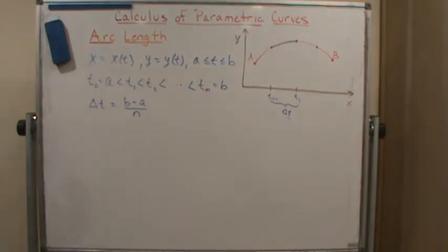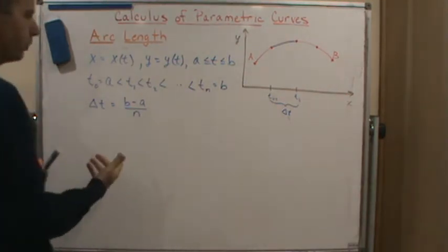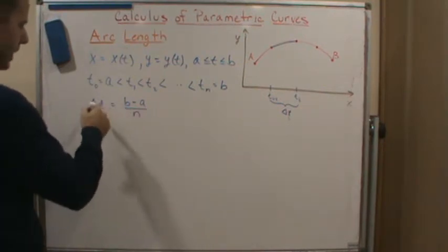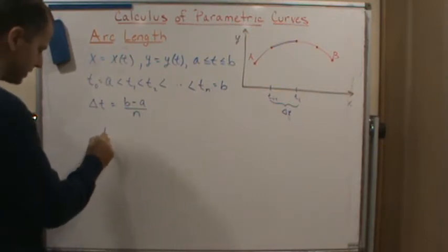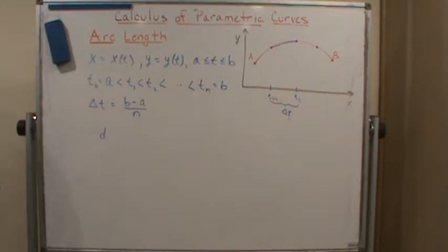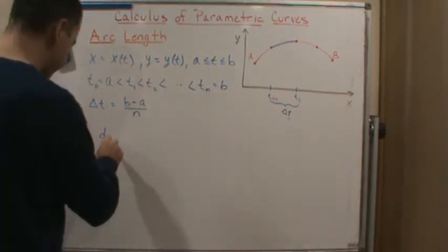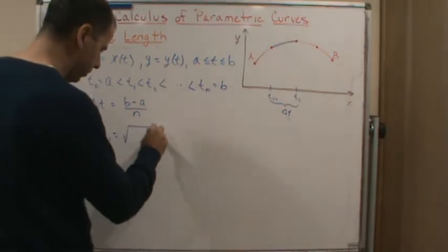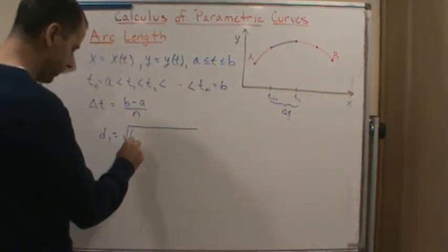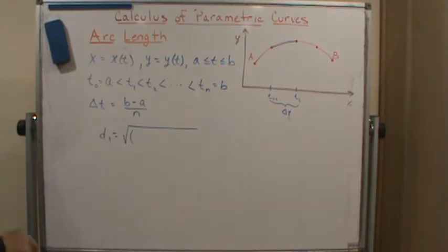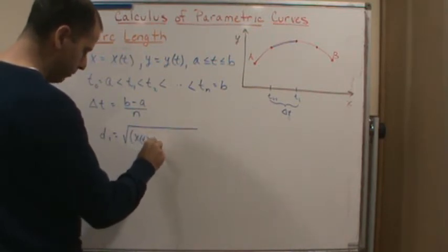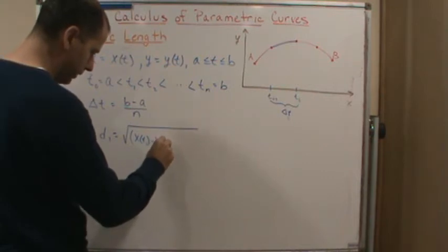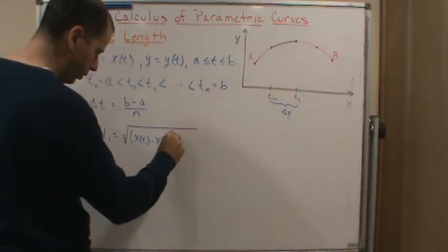Now, what's the distance formula? All we're going to do is find the distance between 2 points. So if we take from t0 to t1 on the subinterval, then the distance d1 is equal to the square root of what? Well, the distance in the x's, so it's going to be x of t1 minus x of t sub 0, quantity squared.